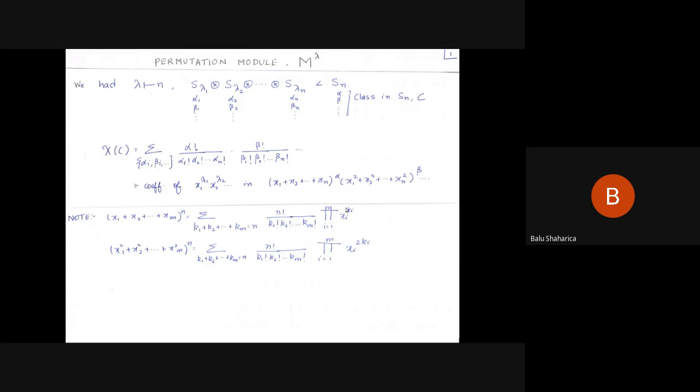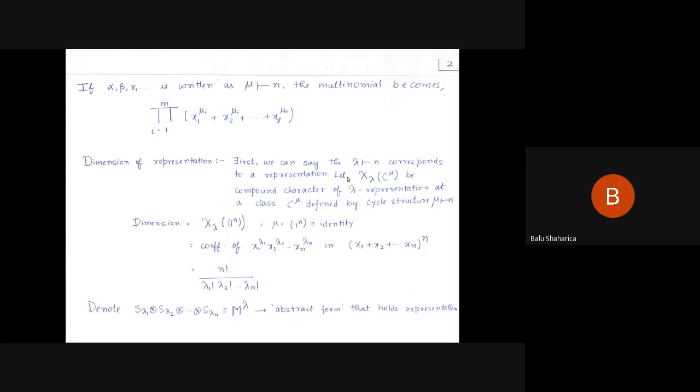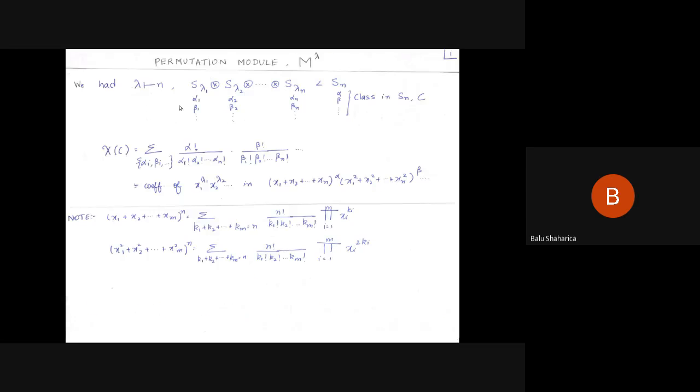Okay. Everybody. So now I can rewrite this multinomial when I rewrite the cycle structure alpha, beta, gamma as a partition. So that multinomial essentially becomes this multinomial. And also we notice that this compound character is for a particular partition lambda.